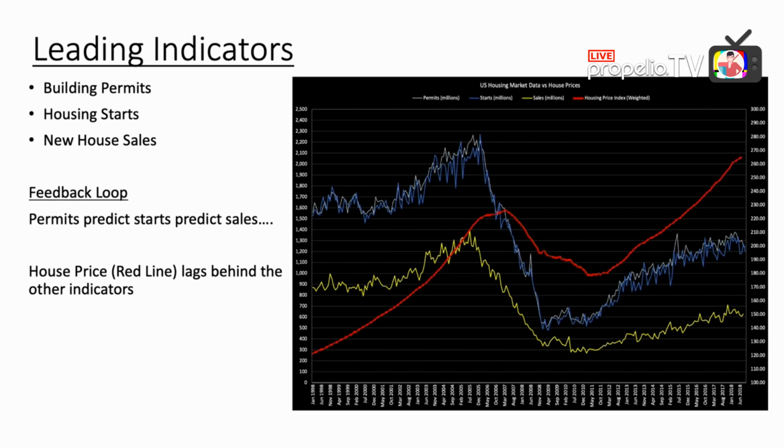And you can see that house pricing lags behind the others. It's the shape of the other ones, but a little bit after the other ones hit that shape. Exactly, so they're leading indicators. When the price starts going up or down, it's because the other indicators have determined that that's what's going to happen. It's sort of following.